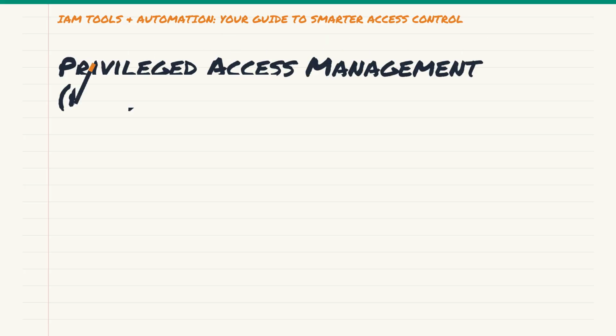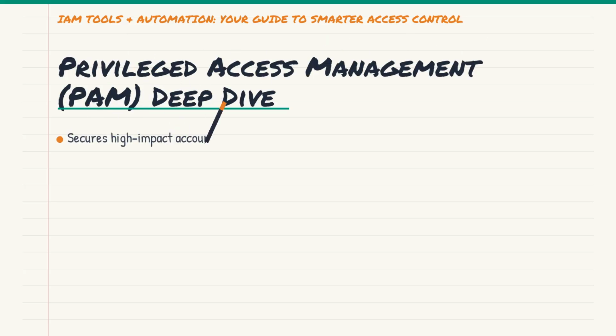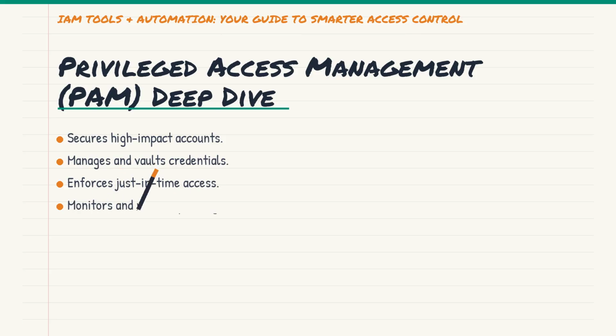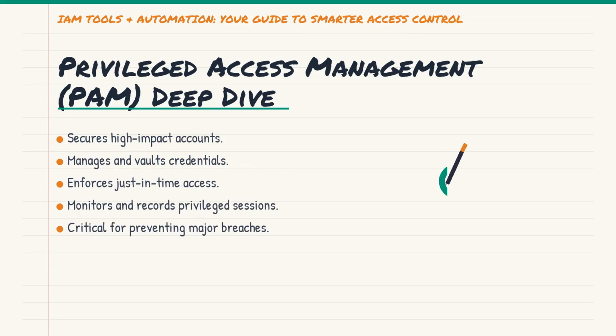Now, PAM is where we get serious about protecting the crown jewels. These are the accounts that can do anything: administrator accounts, service accounts, root access. If one of these gets compromised, it's game over. PAM solutions focus on securing, controlling, and monitoring these privileged sessions.